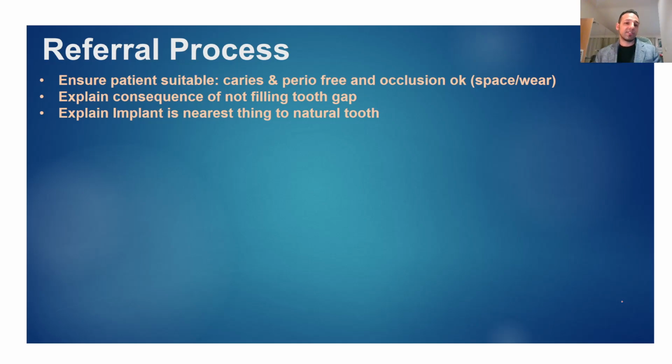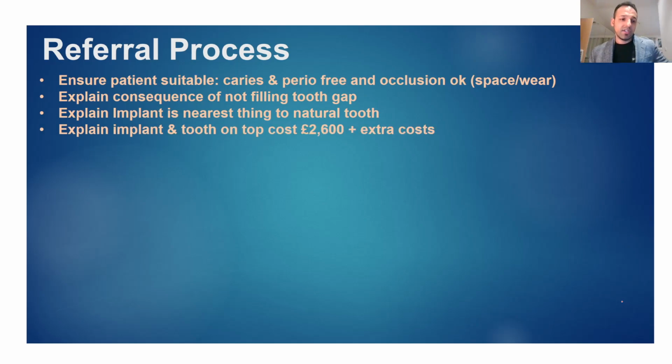Explain the implant is the nearest thing to the natural tooth, and that is, I'd say, the Ferrari of the options that you have to replace your tooth. It's the best option that you've got. Explain that an implant and a tooth on top costs around 2,600, but there are other extra costs in the UK, such as 3D scans and reports and surgical guides and various other things.